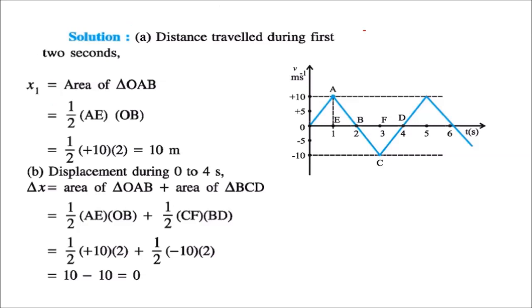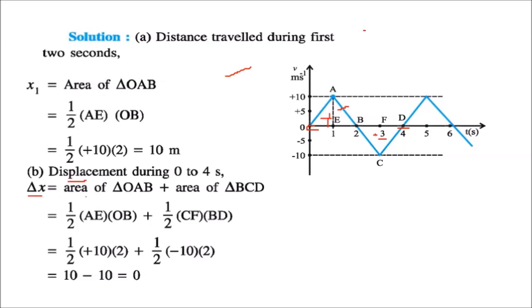In order to find the displacement during 0 to 4 seconds, we will first find the area of this section, that is triangle OAB, and this one, the area of BCD. But this we have to take as positive, and this we have to take as negative in the computation of displacement.